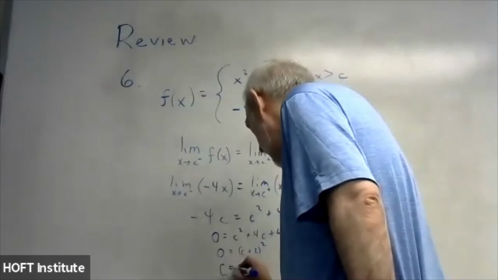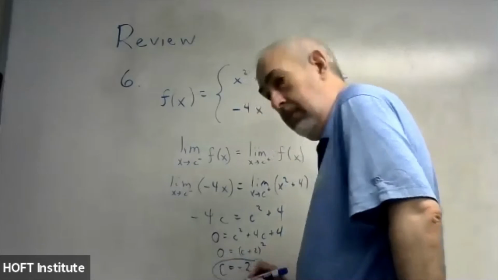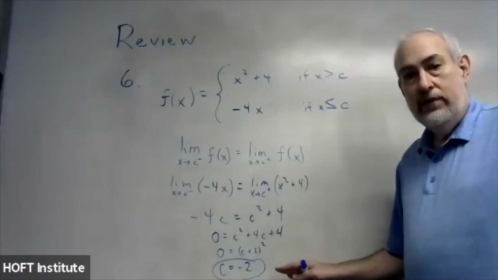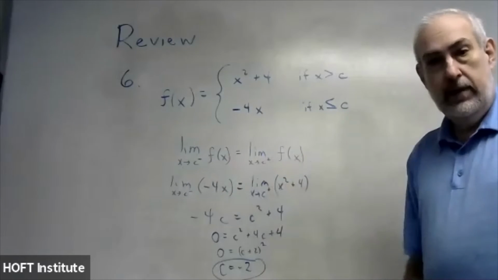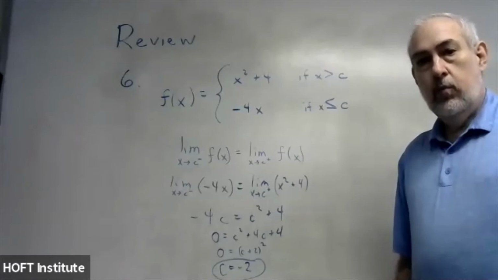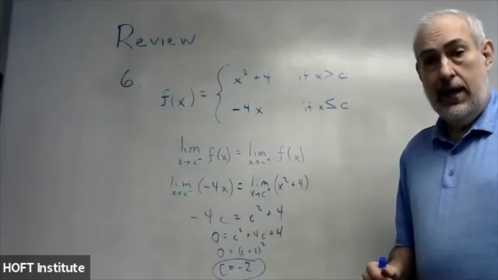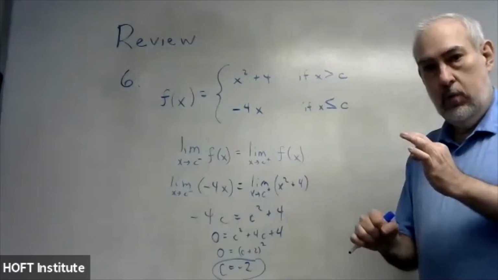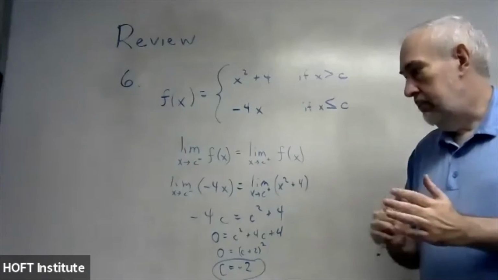So c equals -2. Therefore, when c is -2, we're guaranteed that the limit will exist. We also need to check to make sure that at -2, the function will exist and be equal to the limit.